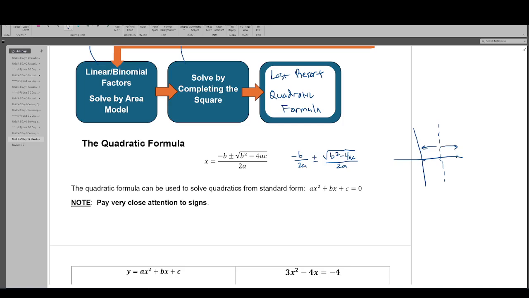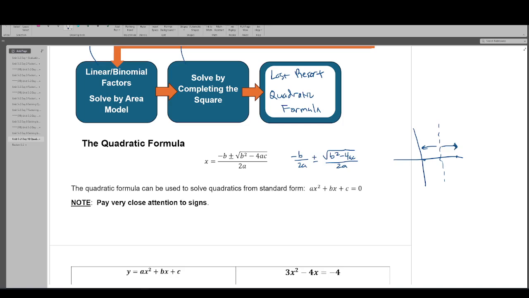So yeah, you could rearrange vertex form or even standard form, but vertex is easier. Basically, if you did standard form and applied completing the square to it, then you would end up with this formula, and that's how it comes about. It's kind of a brute force way of solving a quadratic with completing the square, and then you get this result.